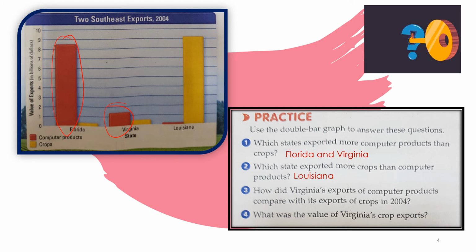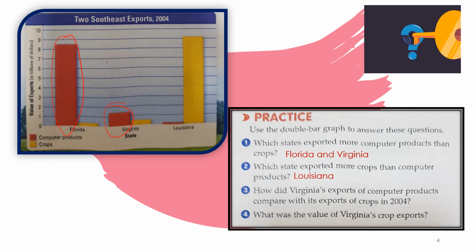Number 3, how did Virginia's export of computer products compare with its exports of crops in 2004? So look at the state of Virginia here. Then try to compare the value of computer products and crops.